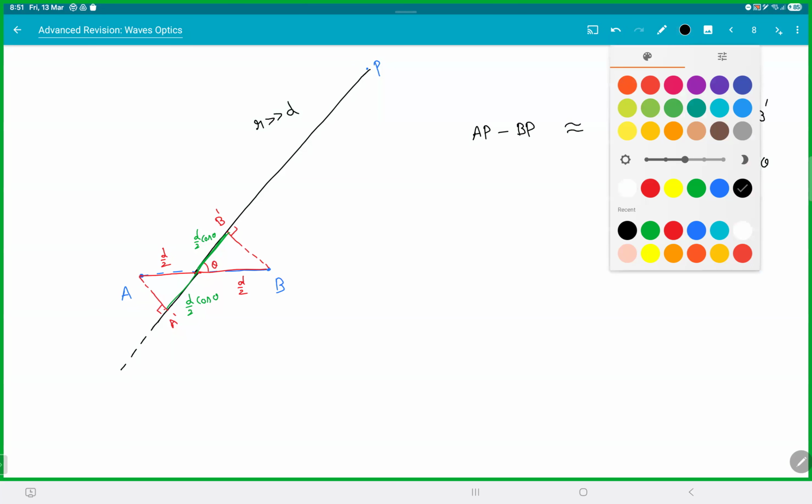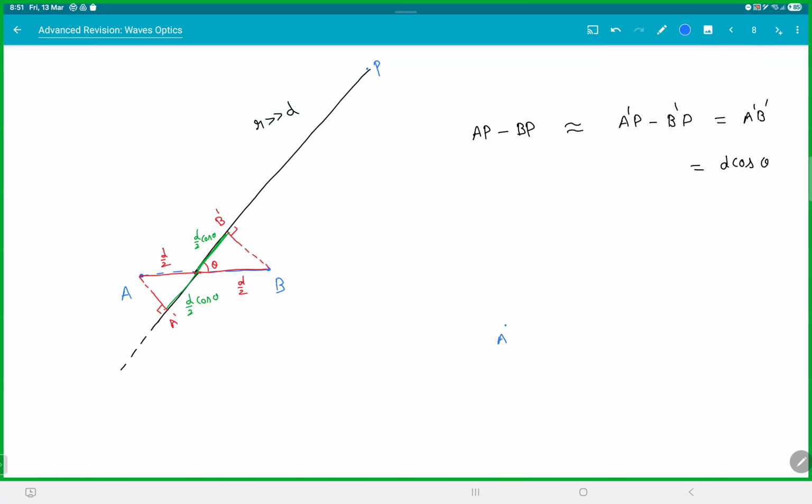Clear with this? There's another way people do this. A to B, this is the point P, again P is very, very far. You drop a perpendicular here directly. This is d. Anyway, the angle will be almost theta only. So this would be d cos theta.